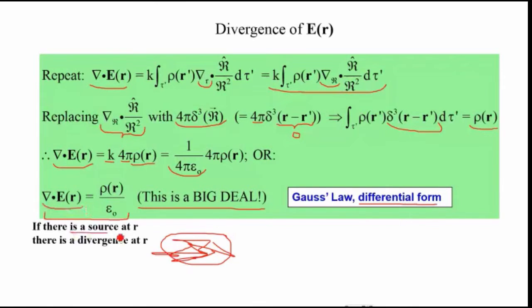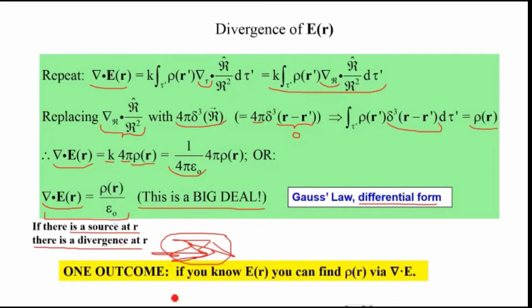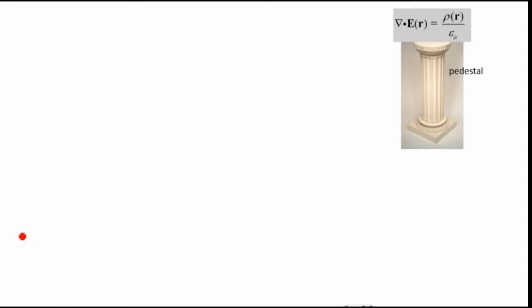So if there is a source at r, there is a divergence at r. One outcome is if you know capital E sub r, then you can find the charge density just simply by taking that divergence. This is not common, but sometimes it's used.